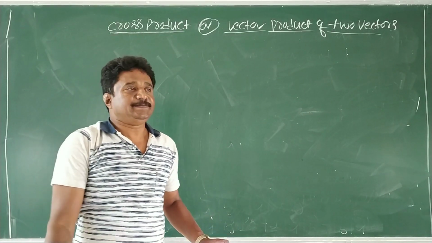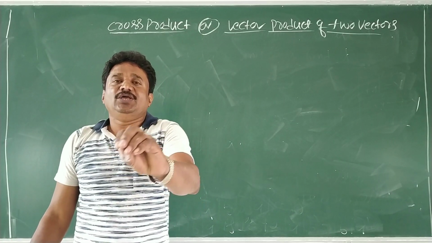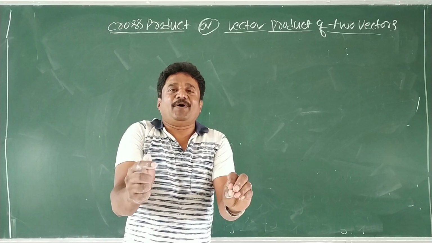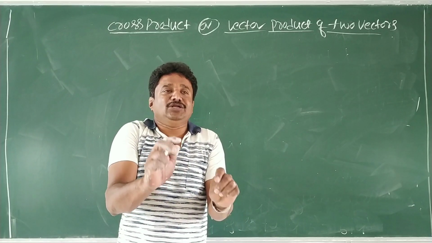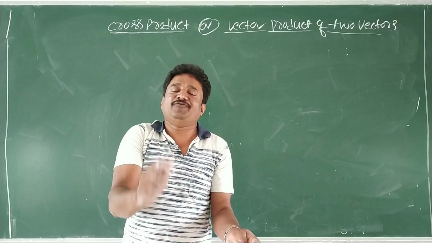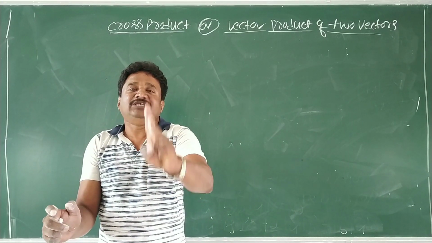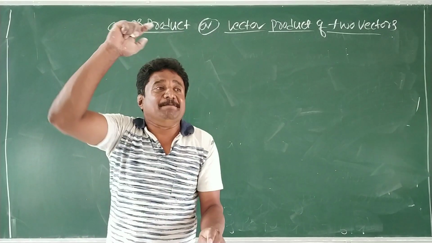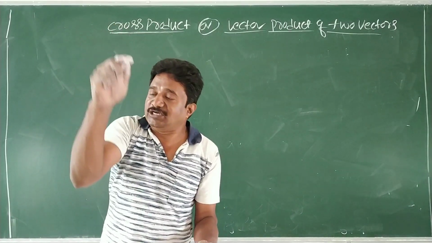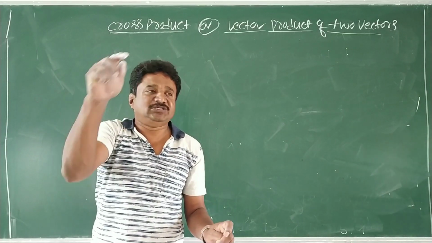In vectors you already learnt one type of multiplication. Now you are going to learn one more type of multiplication of vectors. There are two types of multiplication in vectors: one is multiplying two vectors using dot, and the other is multiplying two vectors using cross.